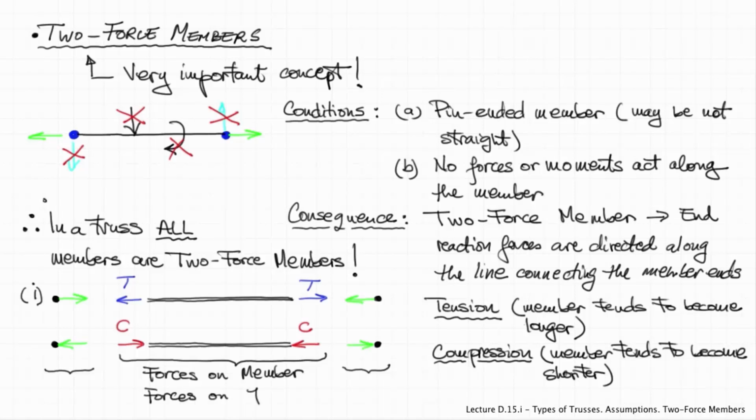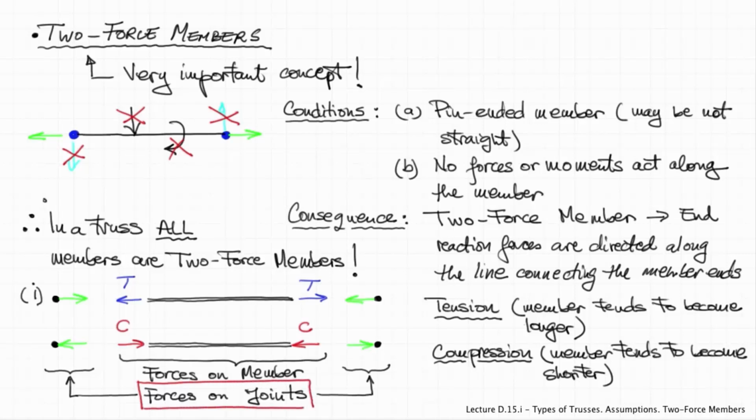Now, to make a small analogy, because sometimes this is counterintuitive, imagine that you have a pencil or a ruler that you hold between the palms of your hands, and if you push them together, you put the ruler or the pencil in compression. What is important in this case is what your palms will feel.